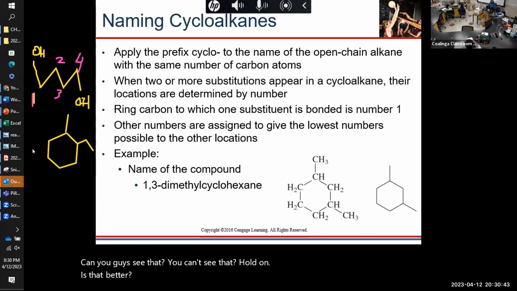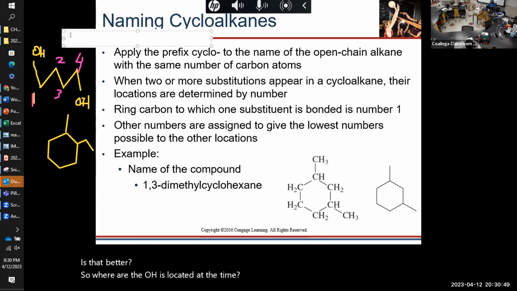Okay, so where are the OHs located at the top? Which carbon are they attached to? 1 and 4.